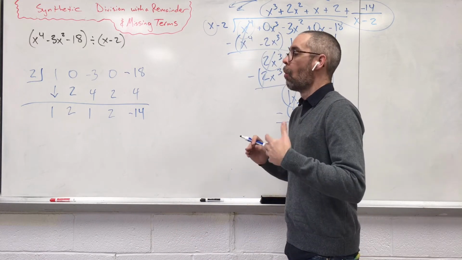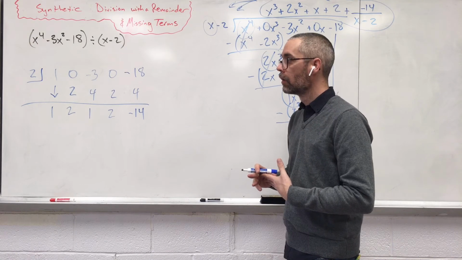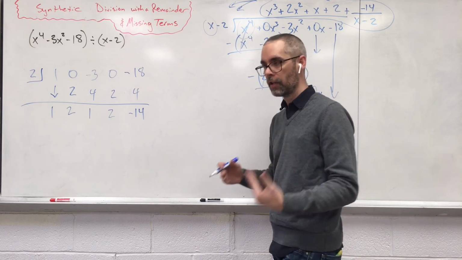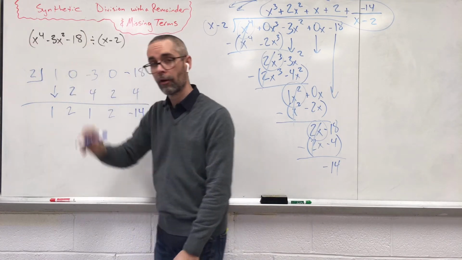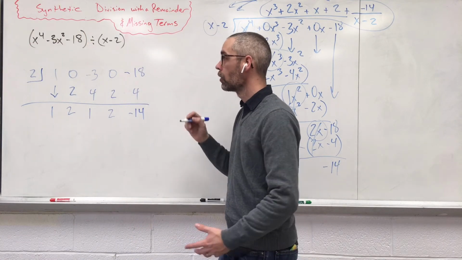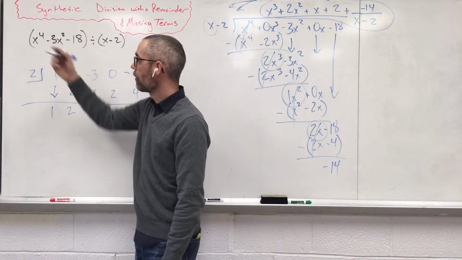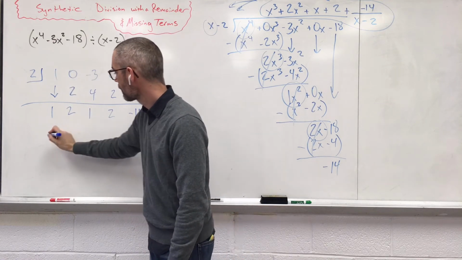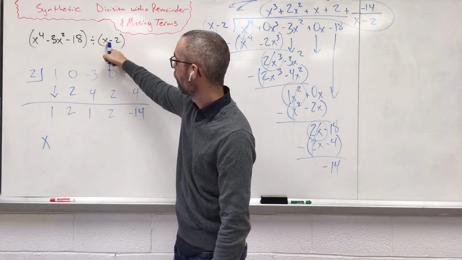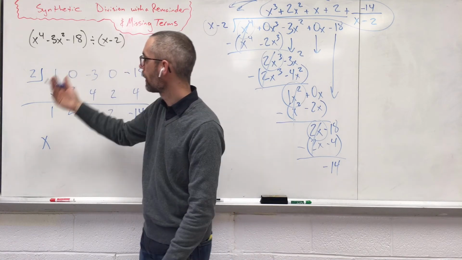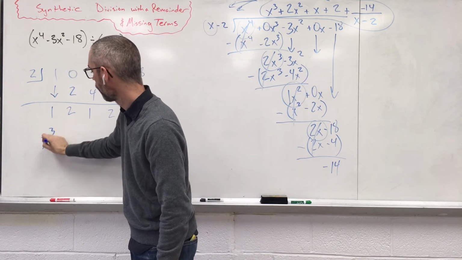Well, we just found the coefficients of our answer. We found the number that comes in front of all of our variables for our answer. So if I start with an x to the fourth, my answer has to be 1 less, so I'm going to say 1x to the third.